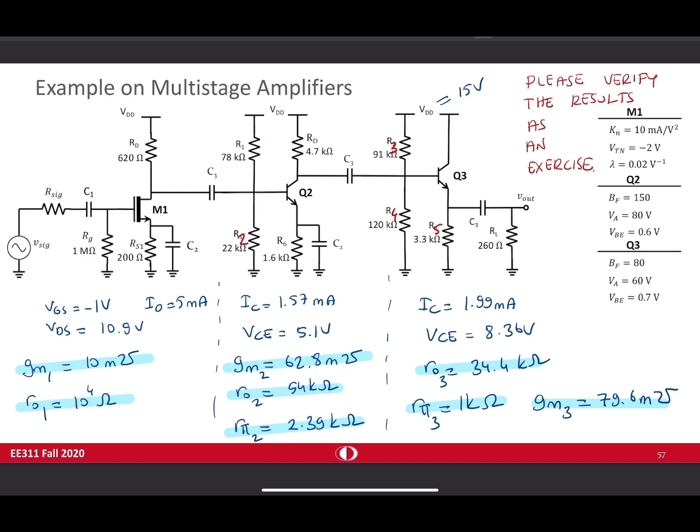As I said, what you can do is you can take a look at the solution stage by stage, where you take into account the loading of the next stage for the first one. So with this knowledge, let's start with the first stage.